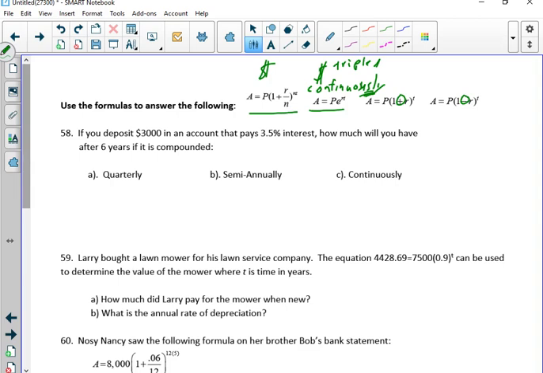So, on 58, we're doing it 3 times. 3,000 is our principal. This is our rate, and this is our time. So quarterly, the future amount is going to be equal to that 3 grand times 1 plus the rate as a decimal, 0.035, remember, move two places to the left, divided by n. n is our compounding period.